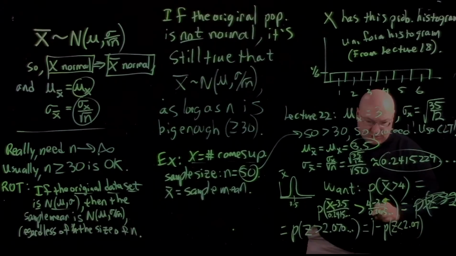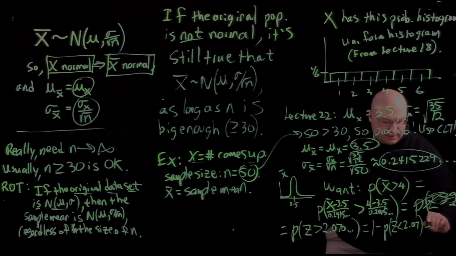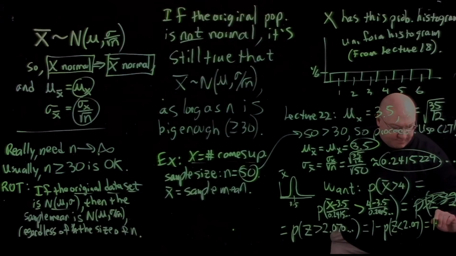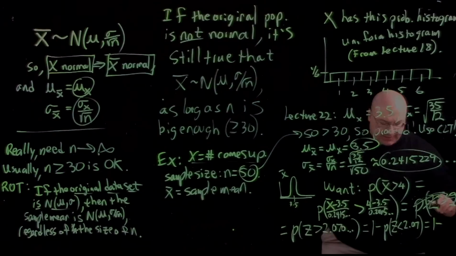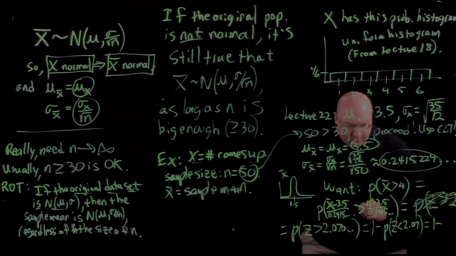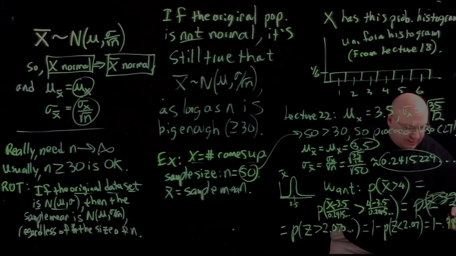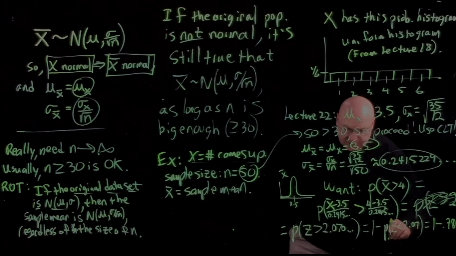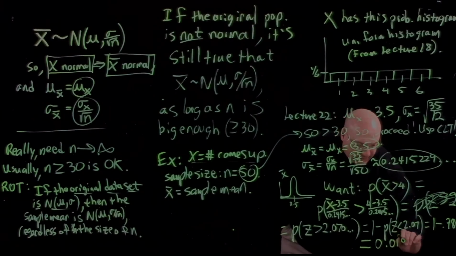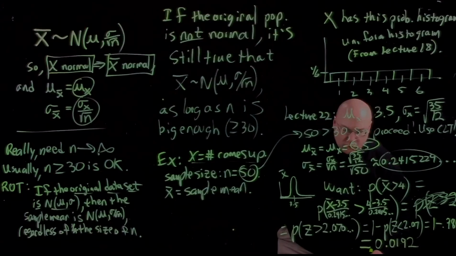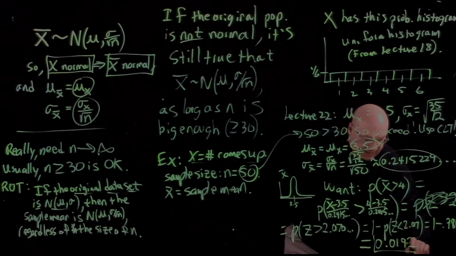I can only look up z-scores to the hundredths, right? And that becomes 1 minus 0.9808, I believe. And so right here I think I get the final answer is 0.0192. All right, that is the probability.